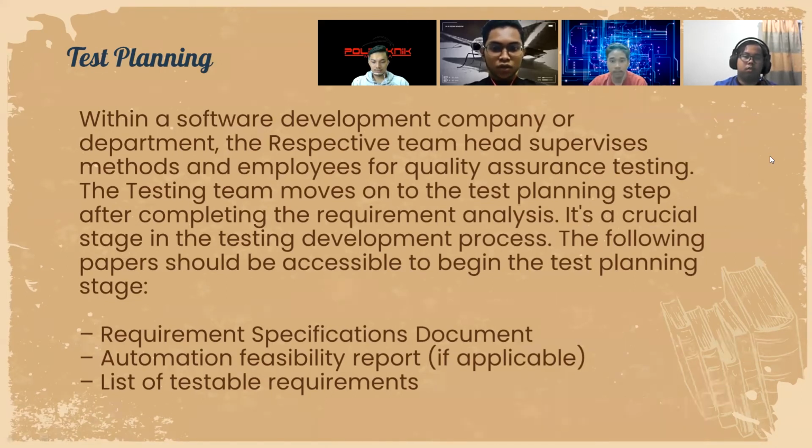It's a crucial stage in the testing development process. The following papers should be accessible to begin the test planning stage: the requirement specification document, automation feasibility report if applicable, and list of testable requirements.